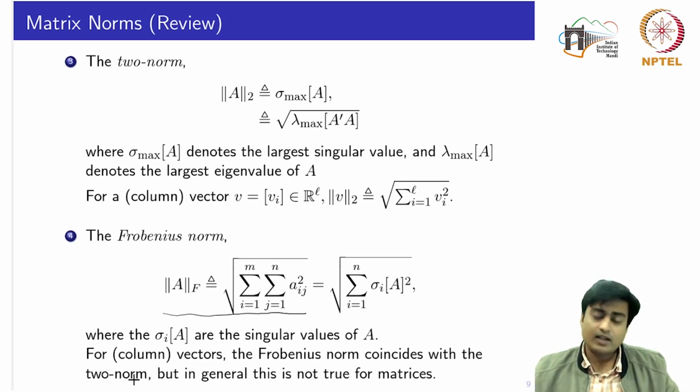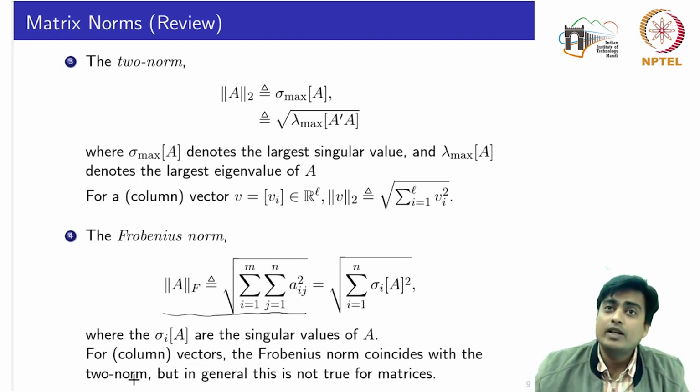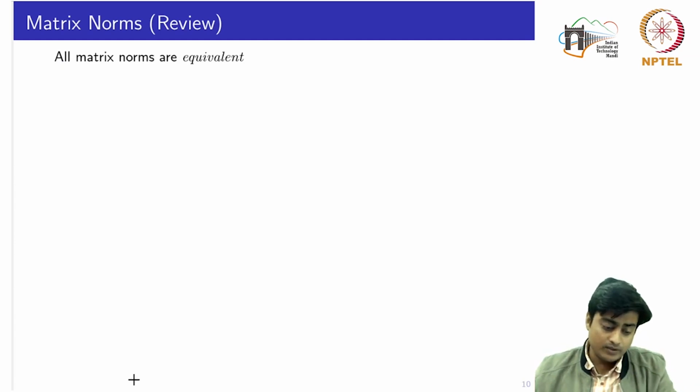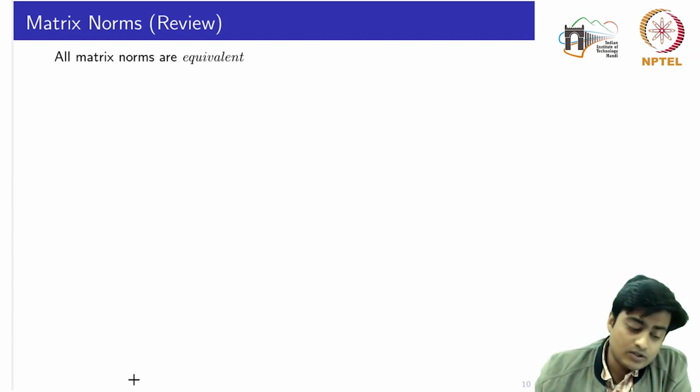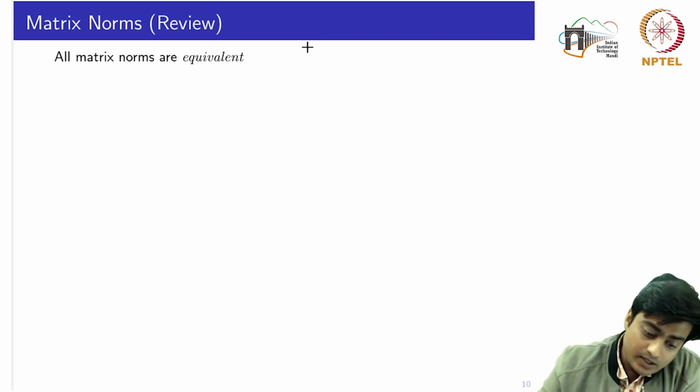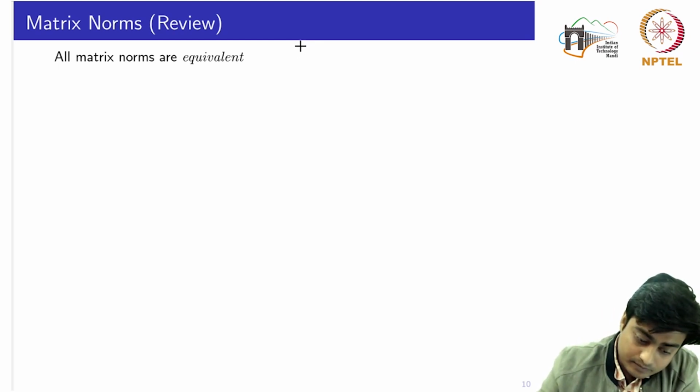So there are a couple of norms which possibly we would be requiring to do our analysis later in this module. So the most important thing here is that all matrix norms are equivalent. You can use any matrix norm to compare two or more matrices. Say for example, let's talk about the vectors.